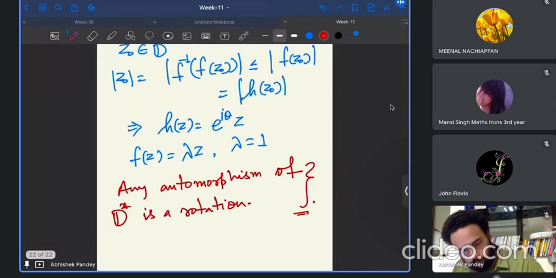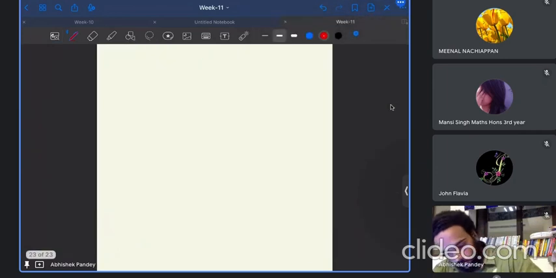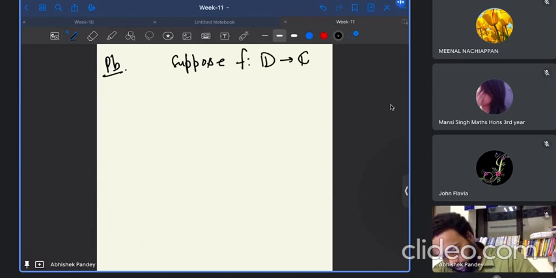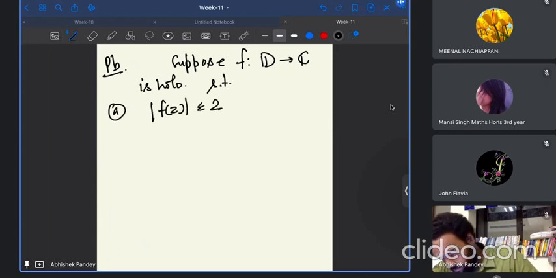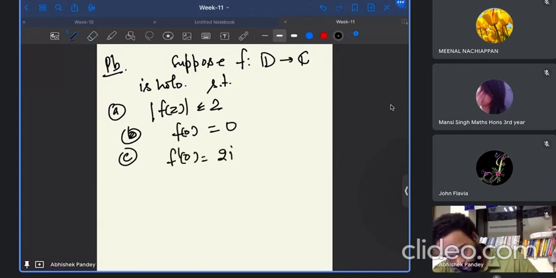Okay, so this will be the last problem. Suppose f from the unit disk D to C is holomorphic such that A, mod f(z) is less than 2; C, f dash 0 is 2i; D, f of 1 by 2 is equal to 1.